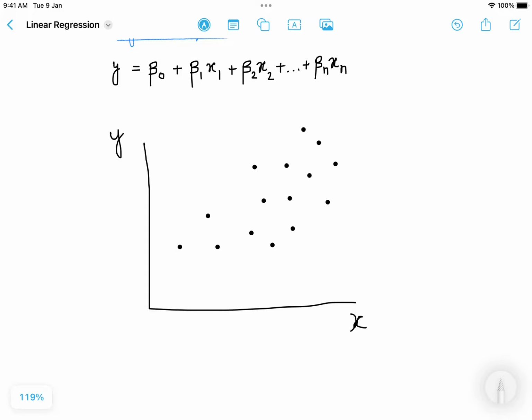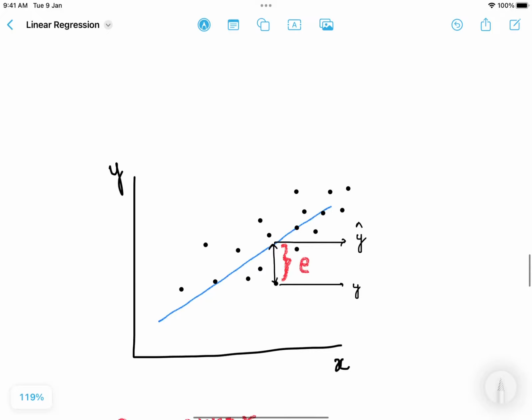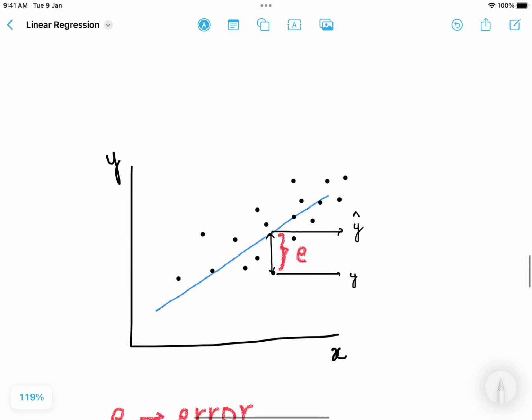Is it a linear relationship, polynomial relationship, increasing relationship, positive relationship, negative relationship? What kind of relationship we have between x and y, we get to know from the best fit line. So this is the best fit line. This blue line, we call it a best fit line.